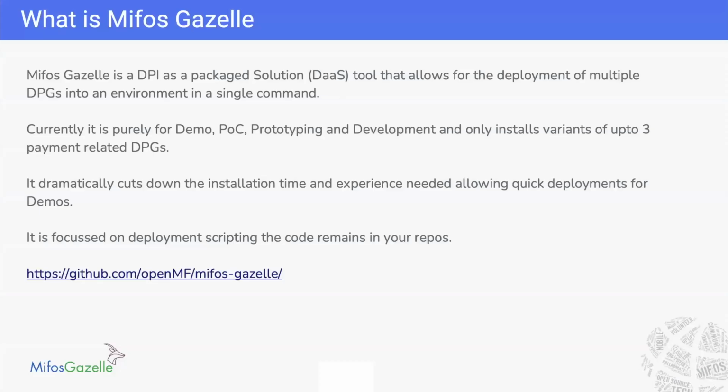Essentially, it's a package solution, and currently Mifos Gazelle is a set of bash scripts really that deploy and integrate existing digital public goods. Currently, it's Mifos X, which is Mifos plus the web client.